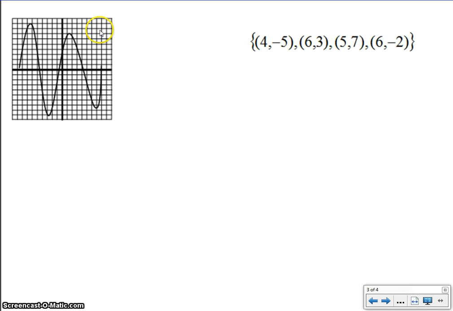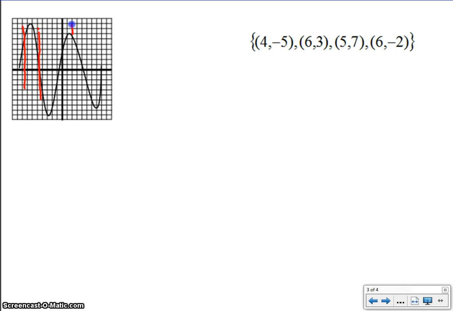All right, if we look at this graph right here, we can determine if that's a function as well. We talked about doing the vertical line test. If you do the vertical line test, drawing a vertical line along, you notice that your graph only touches that vertical line one time.